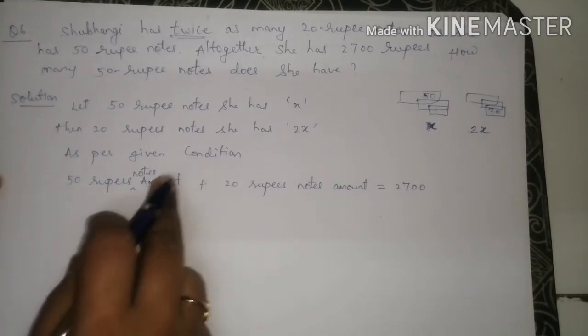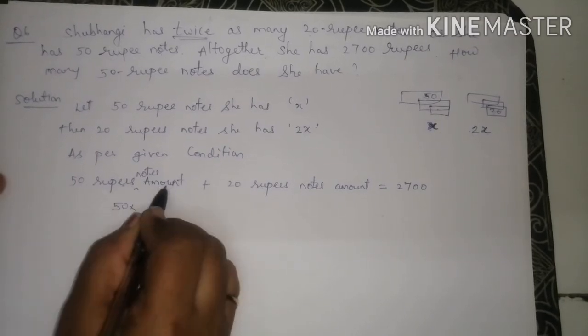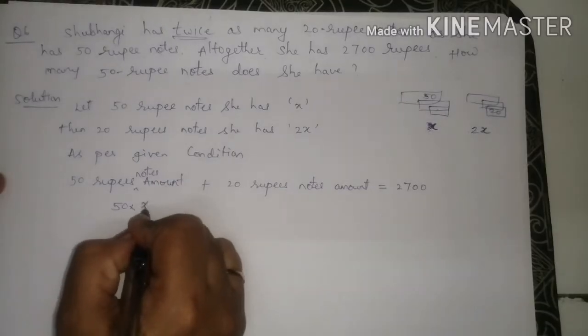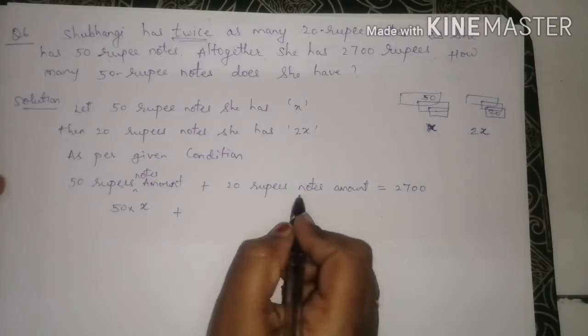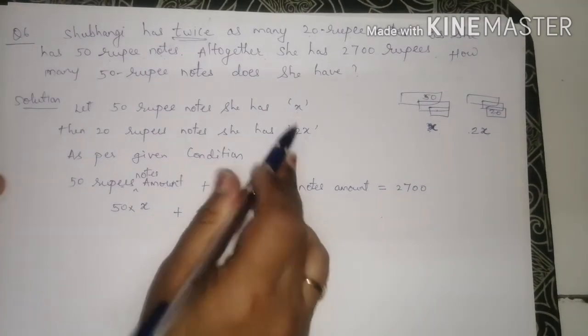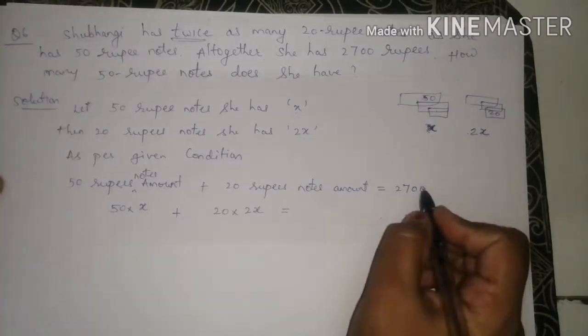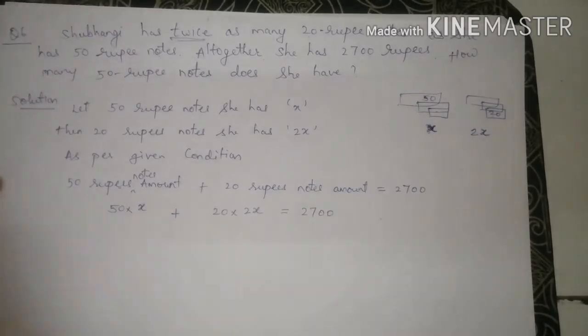2700. So 50 rupees notes amount: 50 into X, the number of notes she has. Plus 20 into how many 20 rupees notes she has? Twice that of 50 rupees notes. So 20 into 2X is equal to the total 2700.